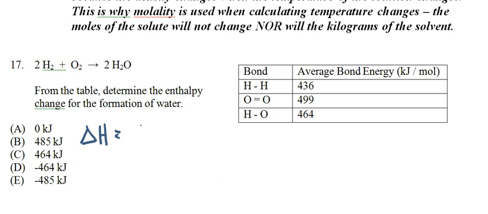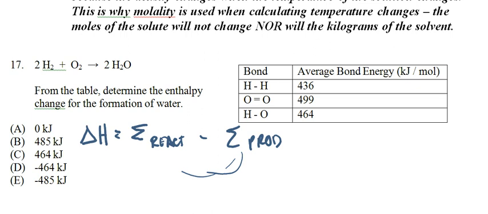So we have delta H, and again it's the sum of the reactants for bond energy minus the sum of the products. Now that is opposite when we have heat of formation or heat of reaction. On your equation sheet, this equation's flip-flop, okay? So it does not look like this. So you have to remember bond energy. Alright, so here we go.